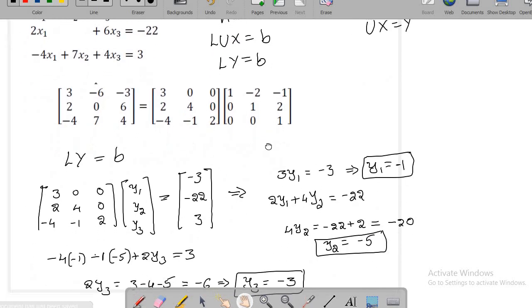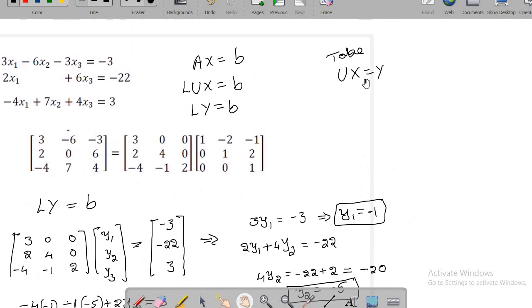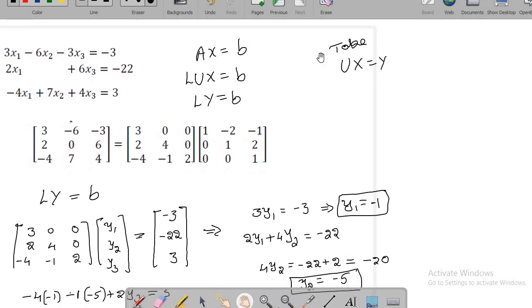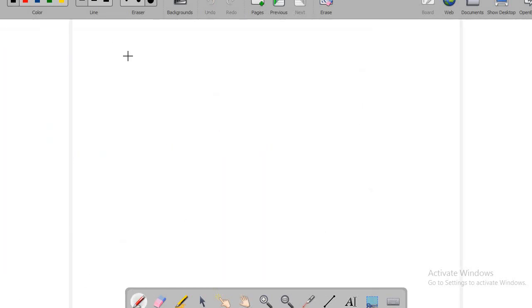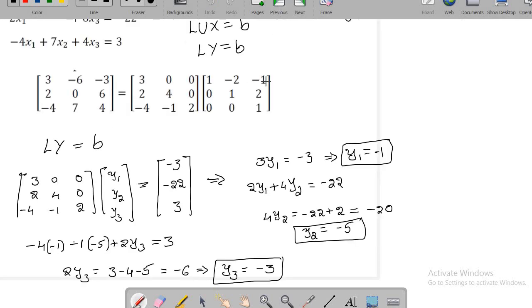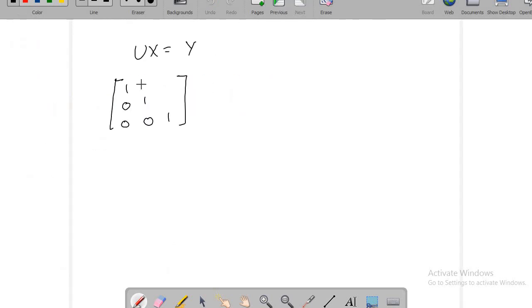Now using these y1, y2, y3, we are going to solve the system UX = Y. Let me write UX = Y. We know the upper triangular matrix here: 1, 1, 1, 0, 0, 0, and -2, -1, 2.